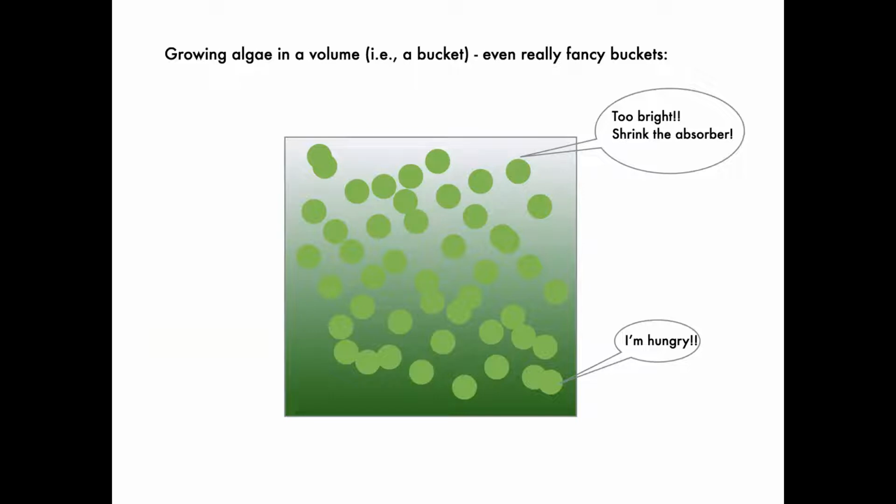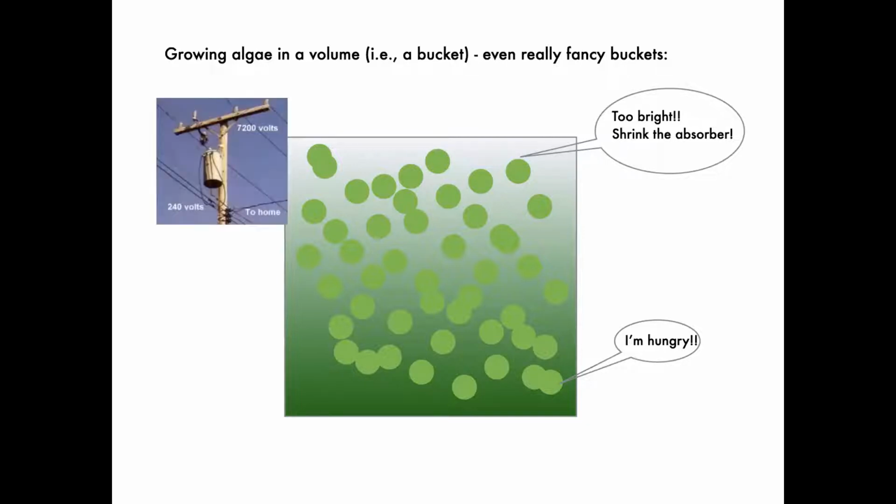And then very quickly, it takes only 2 or 3 or 4 cell thicknesses before there's not enough energy left in the beam to support life. And everybody below 4 cell depths is in the dark.